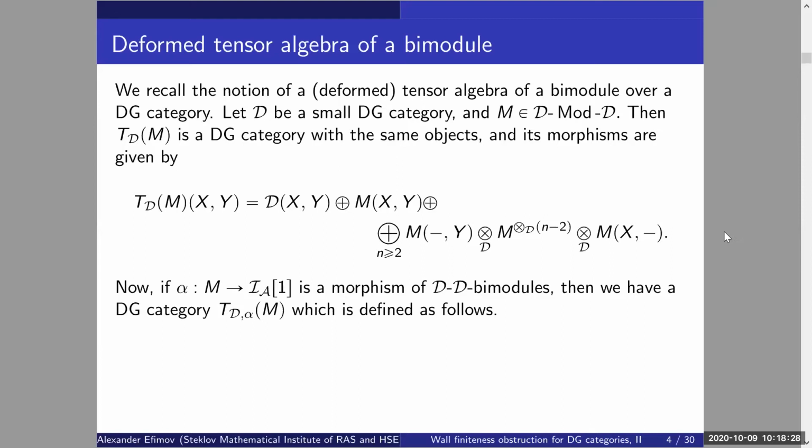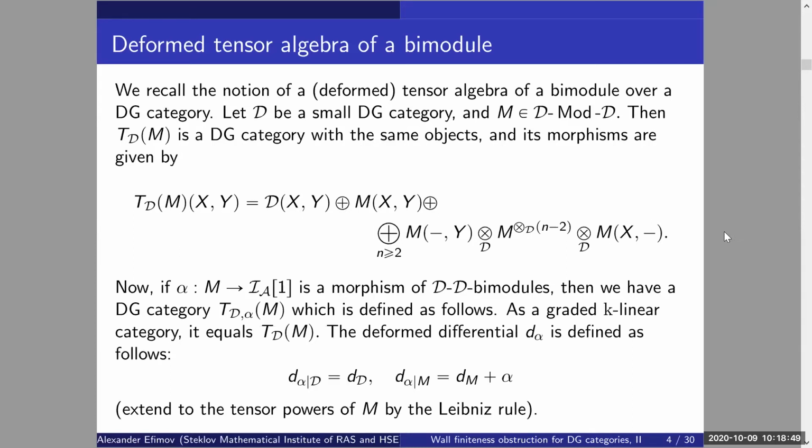So if we have any closed morphism of degree 1 from M to the diagonal, then we can deform the differential. As a graded K-linear category, we have the same category as this tensor algebra, but now with this deformed differential, which we can define on the generators. On the category D, it's just the old differential, nothing changes.